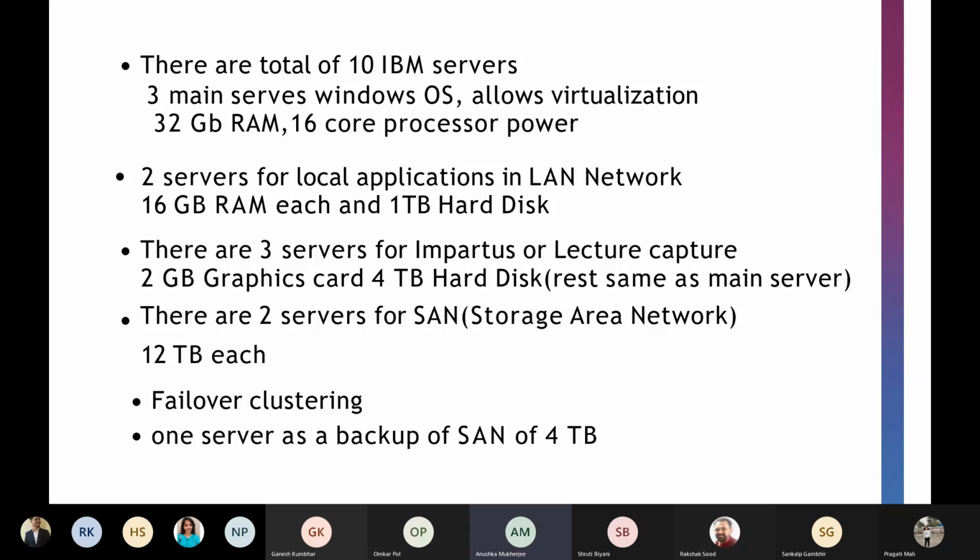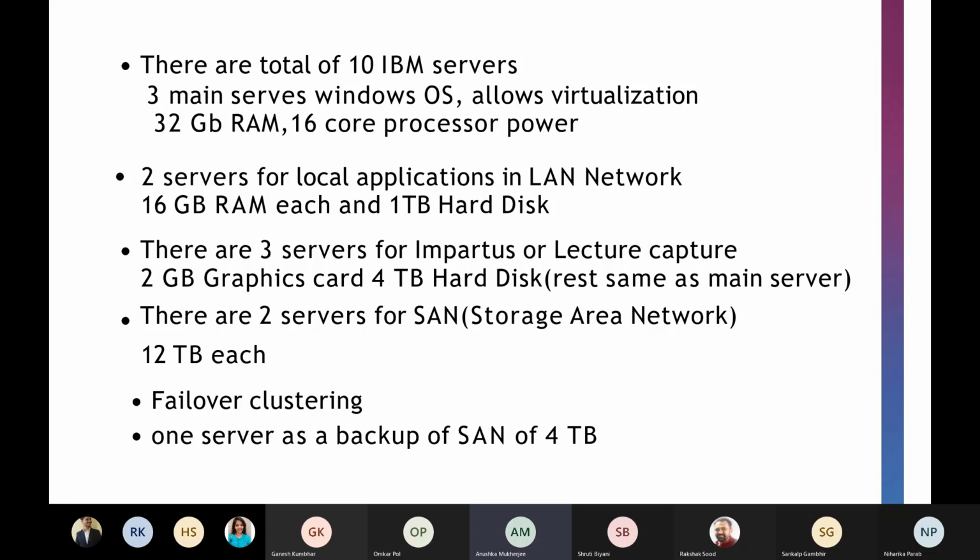There are 3 servers for Impartus, or lecture capture, which is used to capture the recording of each lecture that is taken by professors. They also have 32 GB RAM and 16-core processor power like the 3 main servers. Also, they have a 2 GB graphics card and a 4 TB hard disk.